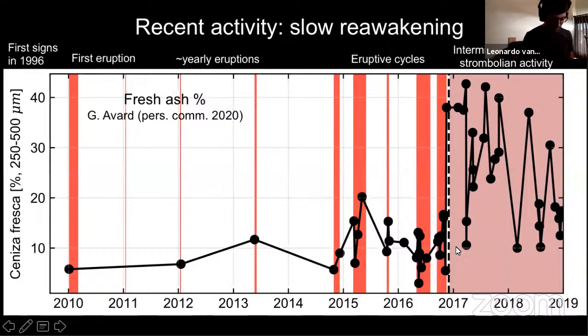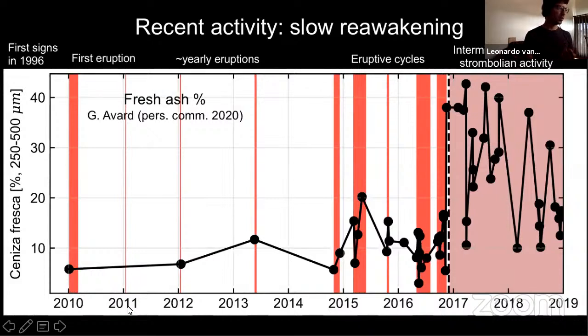So to give you an idea of what this recent activity has been, here I have the fresh ash component of the ashes. This is data from Geoffroy Avard. Here we have the first signs of reawakening in the 90s, but then the first eruption occurred in 2010.